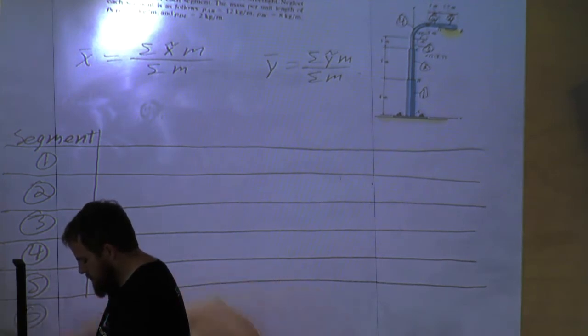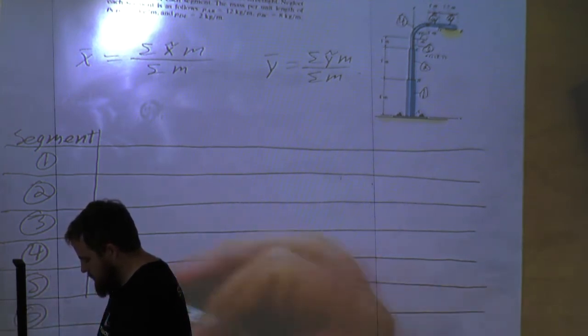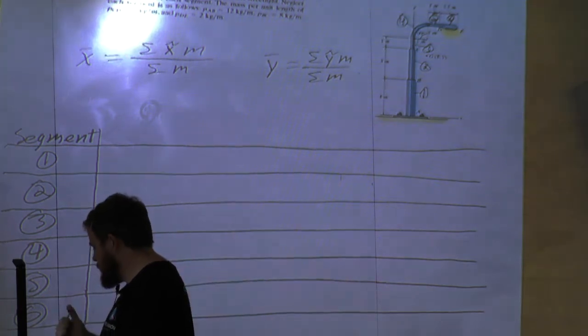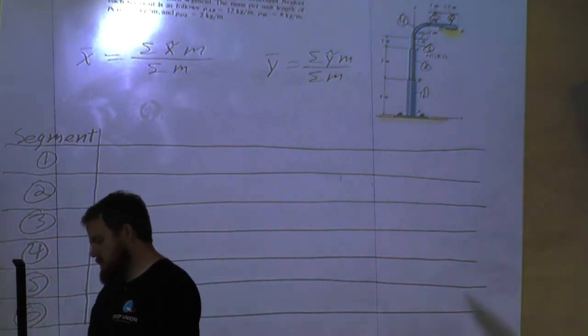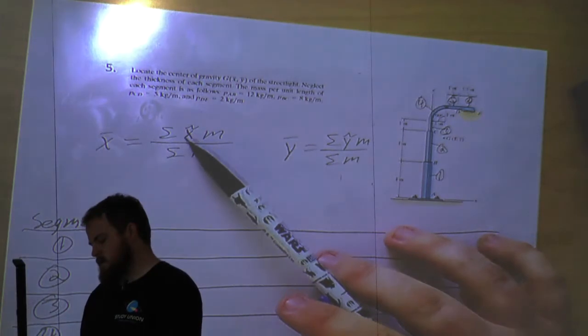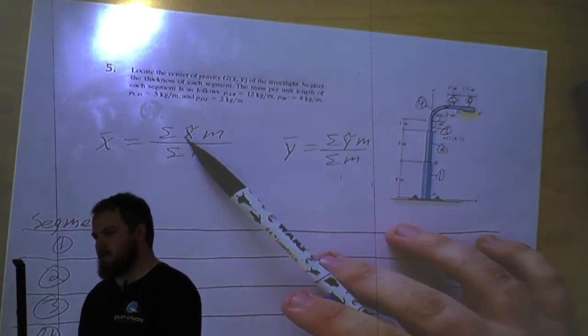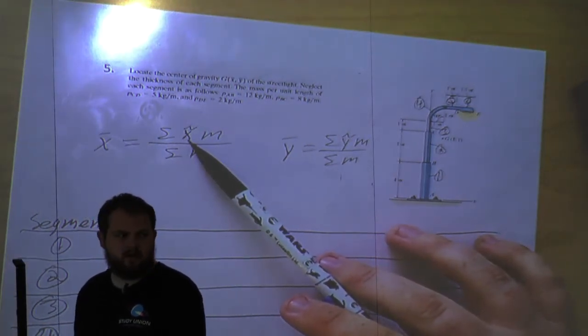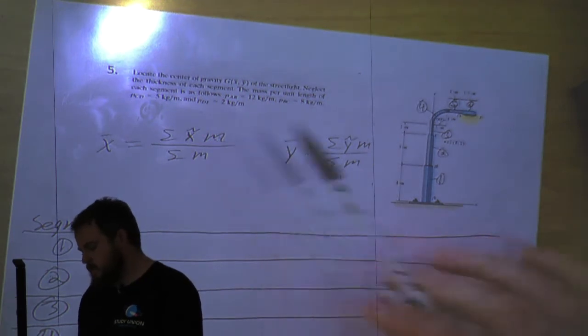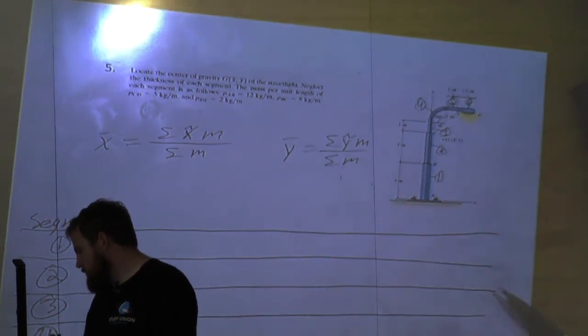We need to find our centroid, or our x bar, for each individual part, and our y bar for each individual part, and our mass for each individual part.